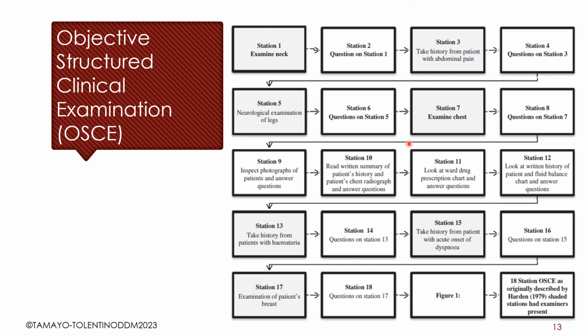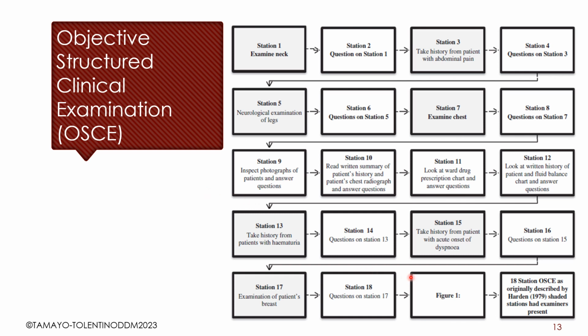This diagram is the original version of OSCE, which was first conducted by Dr. Ronald Harden. Students move around 18 testing stations and 2 rest stations in a hospital ward. Each station was 4 minutes and 30 seconds long, with a 30-second break in between stations.